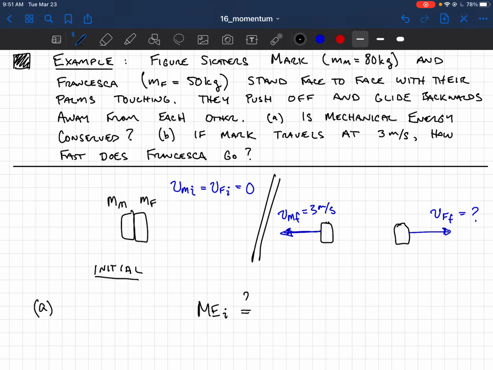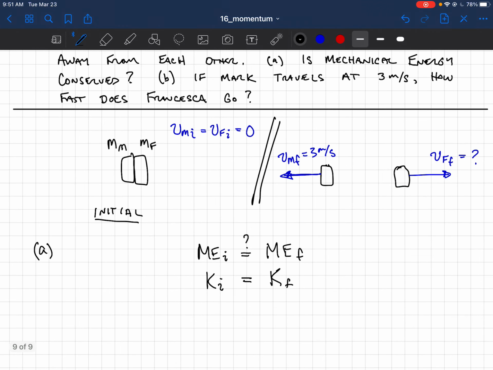So mechanical energy initial, question mark, equal to mechanical energy final just comes down to kinetic initial equal to kinetic final. Well, kinetic initial was 0, and kinetic final is 1/2 m Mark V Mark final squared plus 1/2 m Francesca V Francesca final squared.